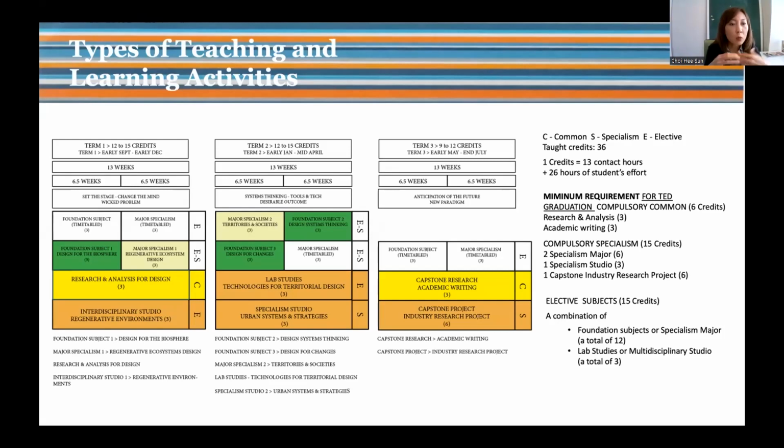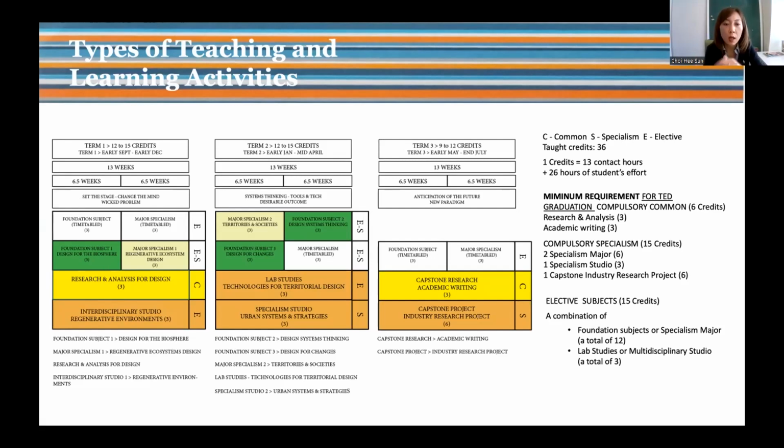In parallel, we are delivering subjects on regenerative ecosystem design, and territory, society and spatial complexity. We emphasize how ideas from theory can be applied in practice to further their own interest in design.